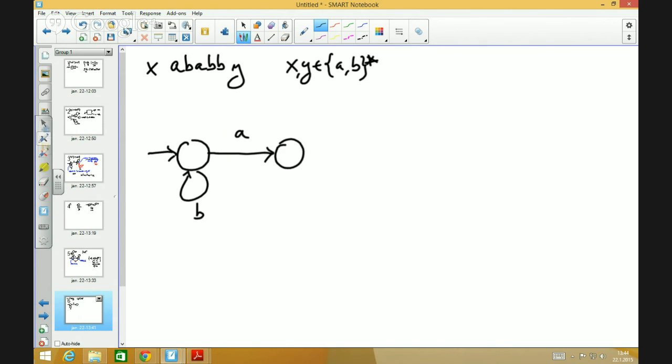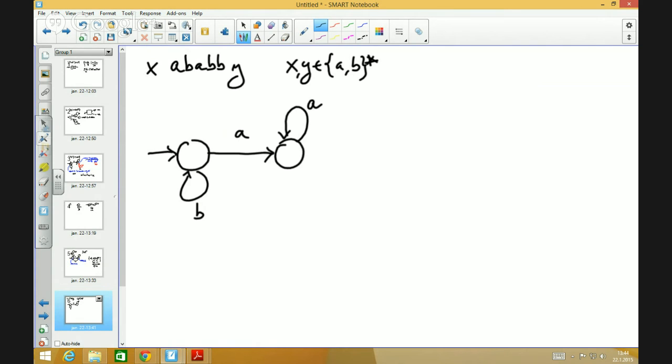Why? Because this state actually means I've seen an A, whereas the initial state means I haven't yet seen anything of the pattern I'm looking for. And if you see an A, then you have seen possibly the first character in the pattern you're looking for. So there should be a loop here. That's the meaningful thing. And this state means I last saw an A. Okay?